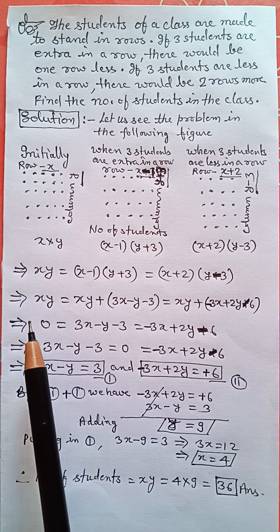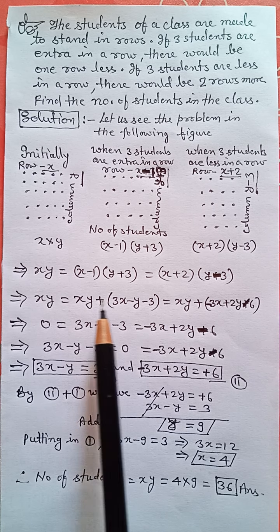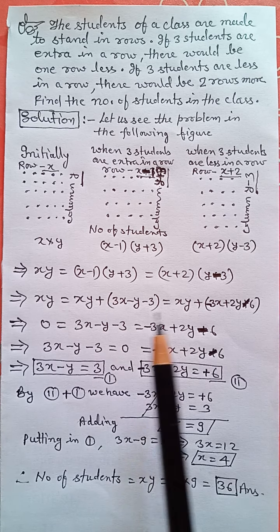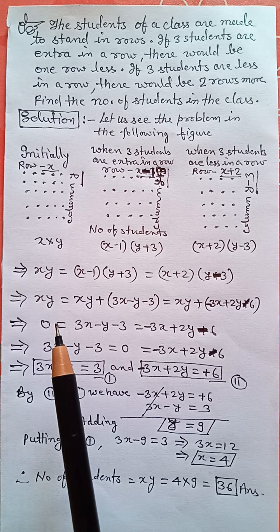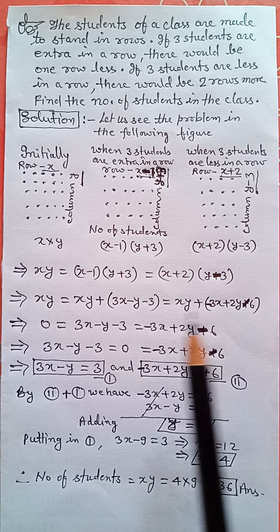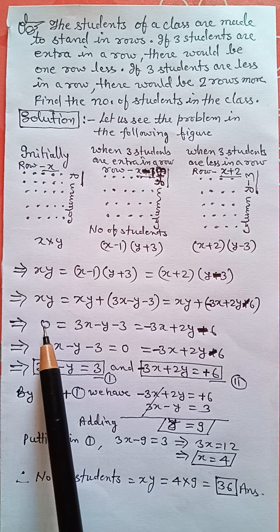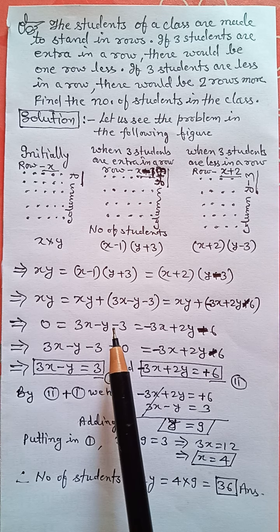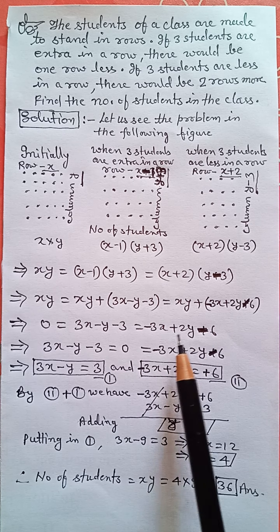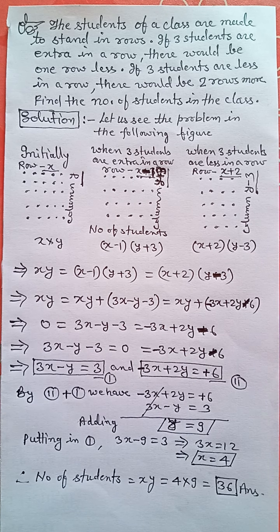Now we see that in each term xy is common. So cancelling xy from each term, we are left with 0. This is 3x minus y minus 3. And here minus 3x plus 2y minus 6.